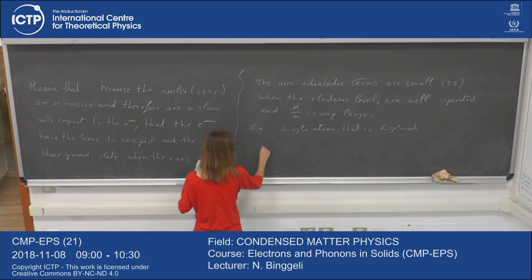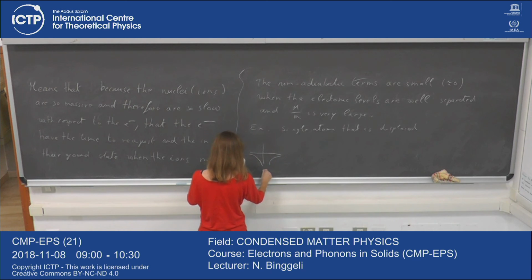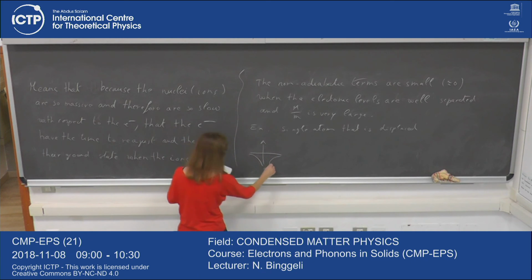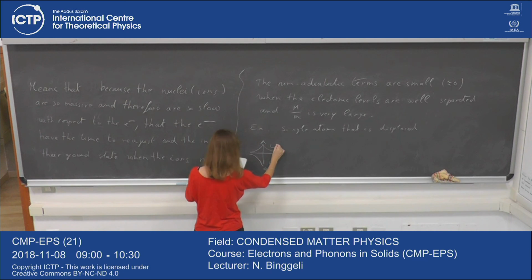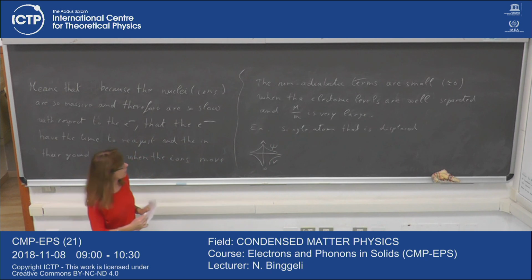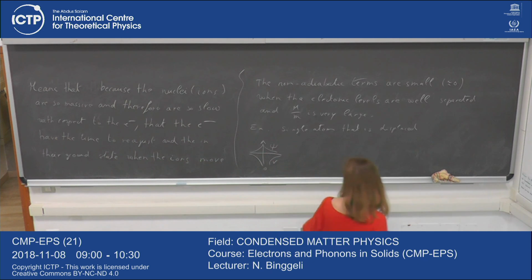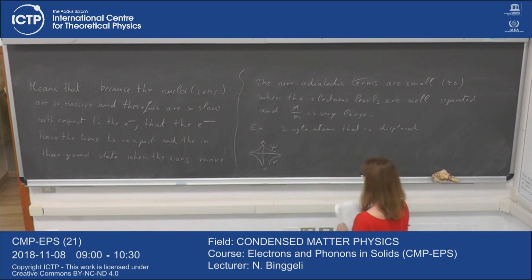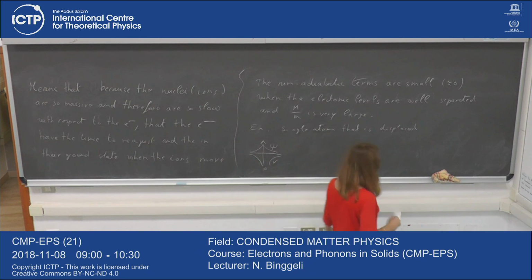Okay, so if I consider an atom with a potential like this, placed at the origin, this is the potential, and this is the wave function of my atom, C. So I consider my electronic wave function C with the position of the atom at the origin.